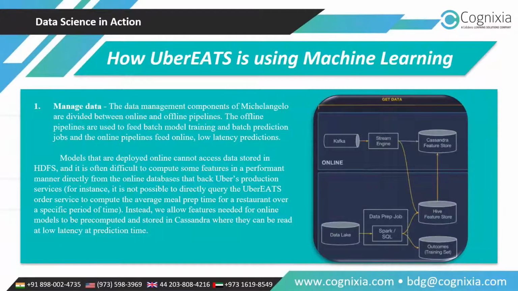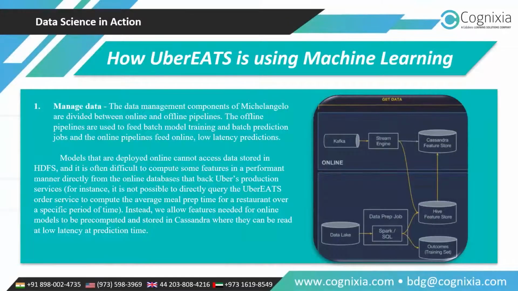Then when you talk about the restaurants, they have all the information: the geography information of the restaurant, what different foods this particular restaurant is offering, what is the average preparation time for different foods. That information is also available, and it is a very important feature to calculate the estimated time of delivery.